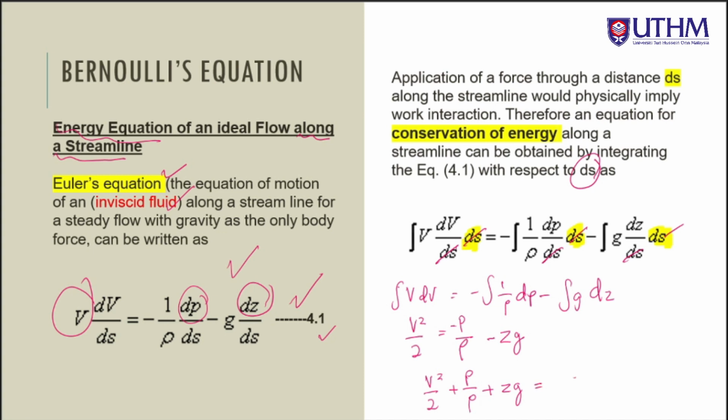equals a constant. So this is a very important equation that we need to know, ataupun memorize, for this chapter, because all the calculation will involve this basic equation, ataupun Bernoulli's equation lah.